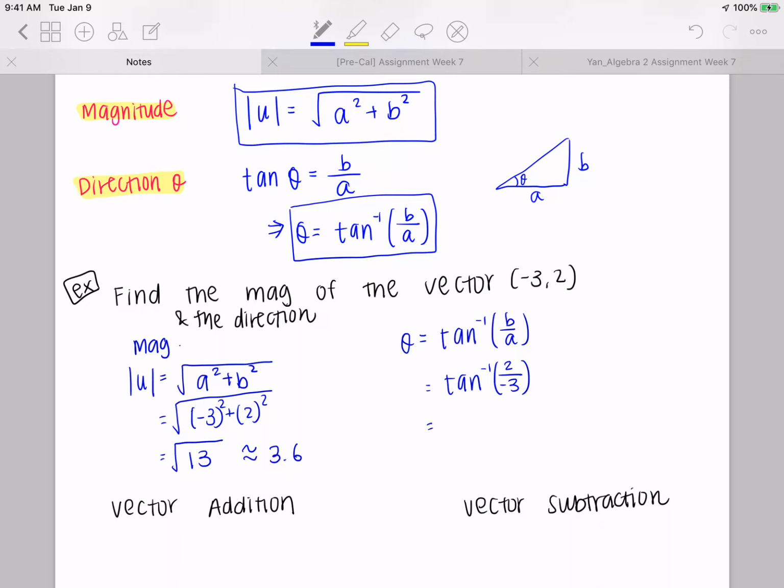Since we are dealing with pi, or dealing with radians, you want to put this in radian form, and it would be negative 0.59. That's what you get from the calculator. But here's the thing. If I were to draw this out, negative 3 comma 2, it's up here, right? So that means my arrow is pointing this way.